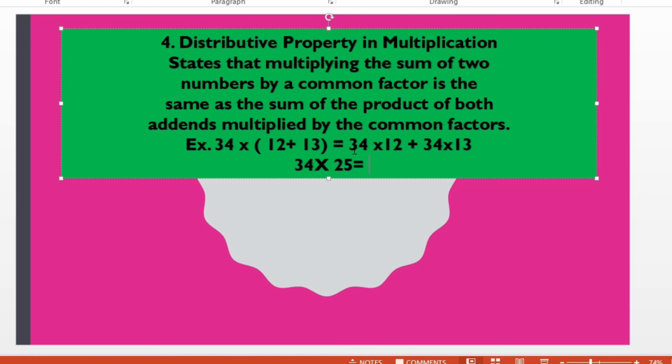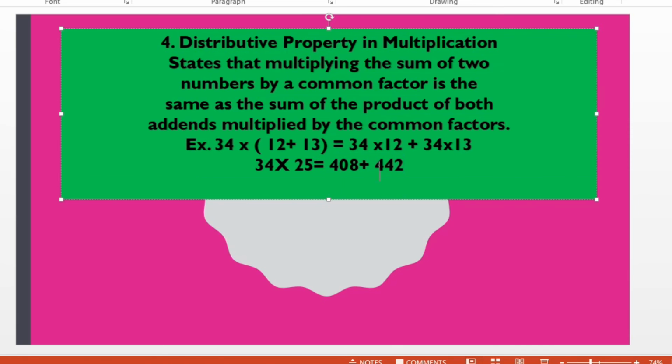The answer is, so 34 times 12, that's 408. Plus, 34 ulit, 34 times 13, the answer is 442. So, add po natin.